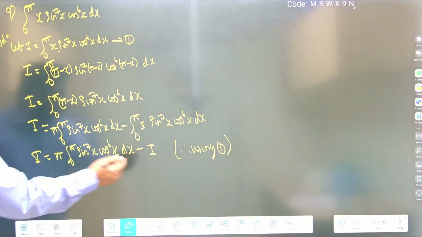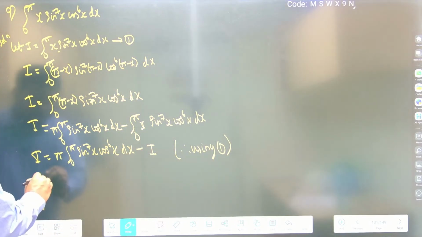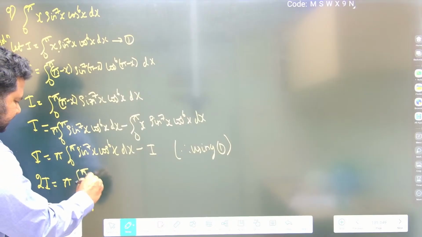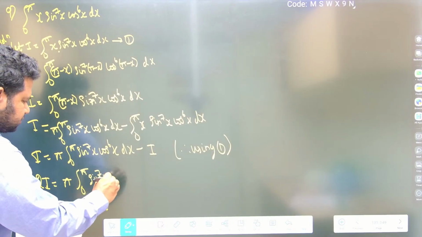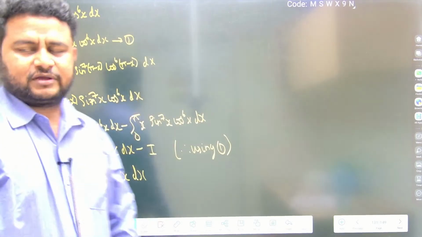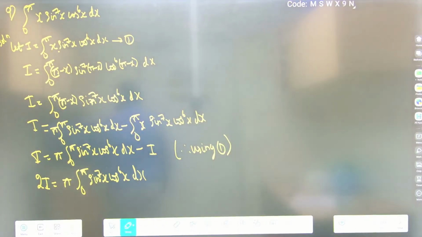If I bring it this side, it will become I plus I, that is 2I, equal to pi times integral from 0 to pi of sin power 7x cos power 6x dx. Finally this is what we will have, and from here we have to evaluate.